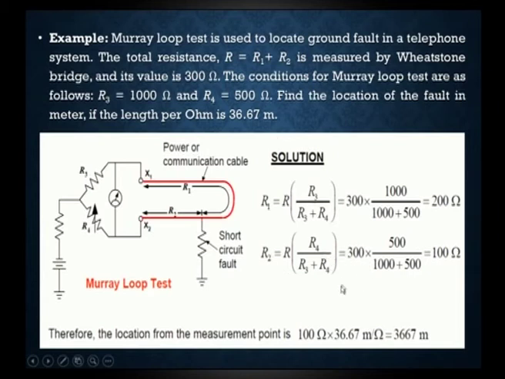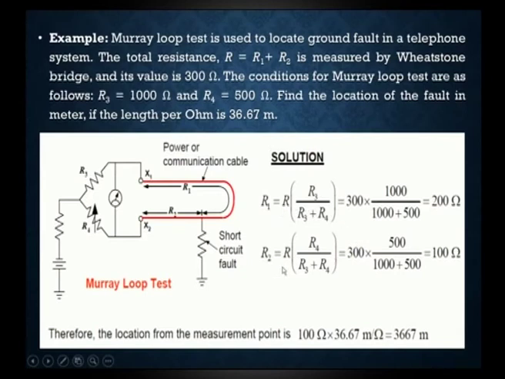Therefore, from R1 and R2 we can find the distance, at what distance the fault occurs. That can be easily measured with the help of R1 and R2. So, 100 ohm into 36.667 meters, the length per ohm, gives the location of the fault in meters.